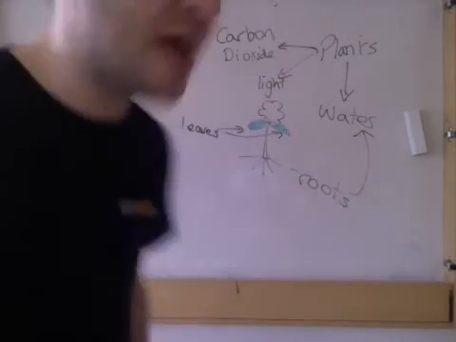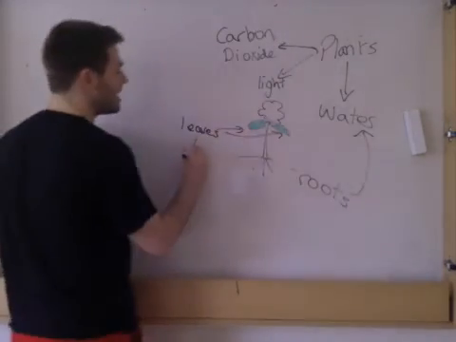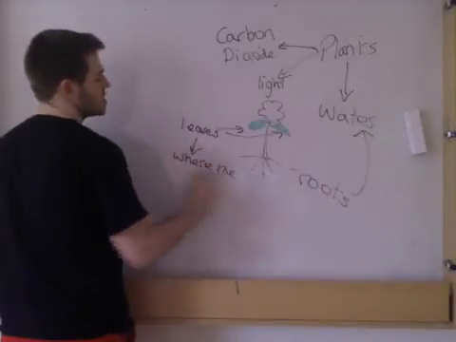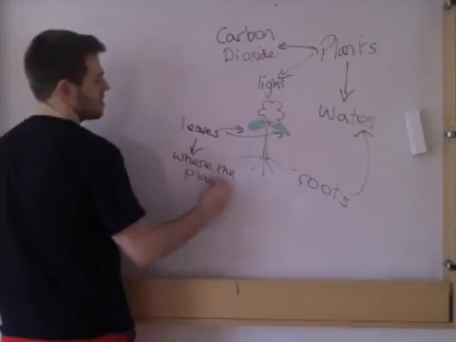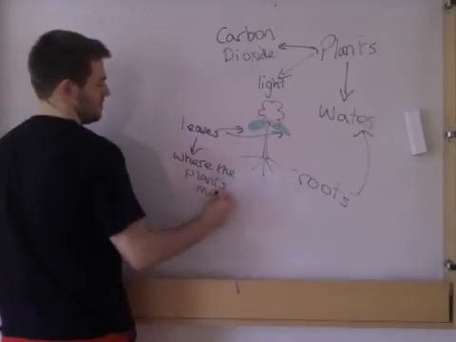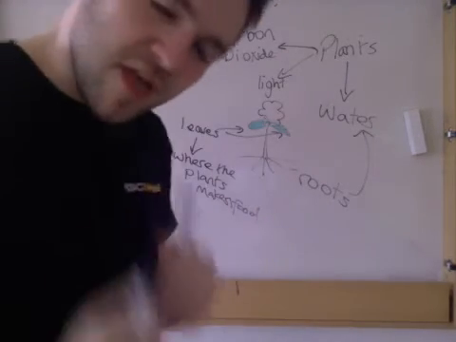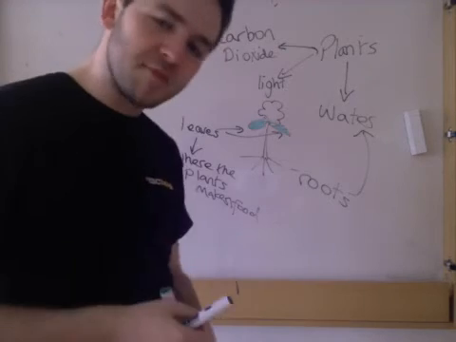That is where this happens. It is in the leaf where the plant makes the food. In the leaves. Usually it's the green parts of the plant that do this.